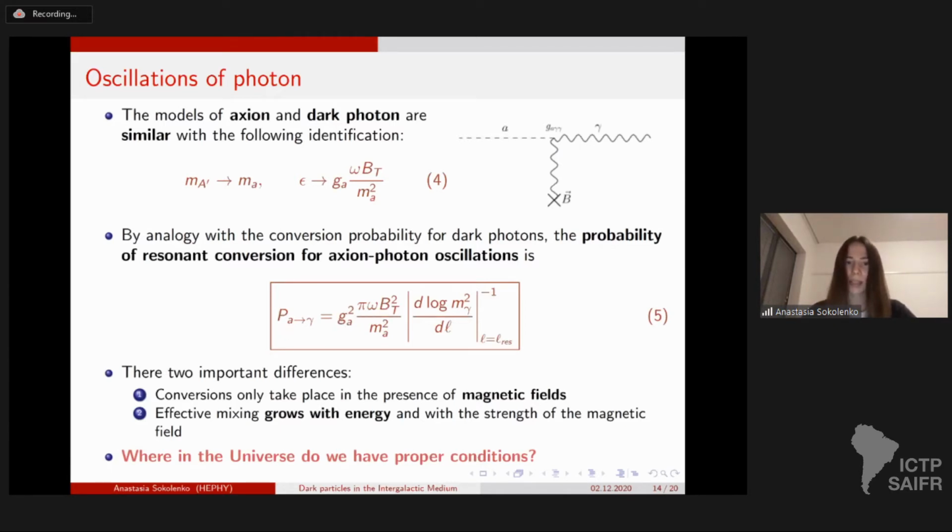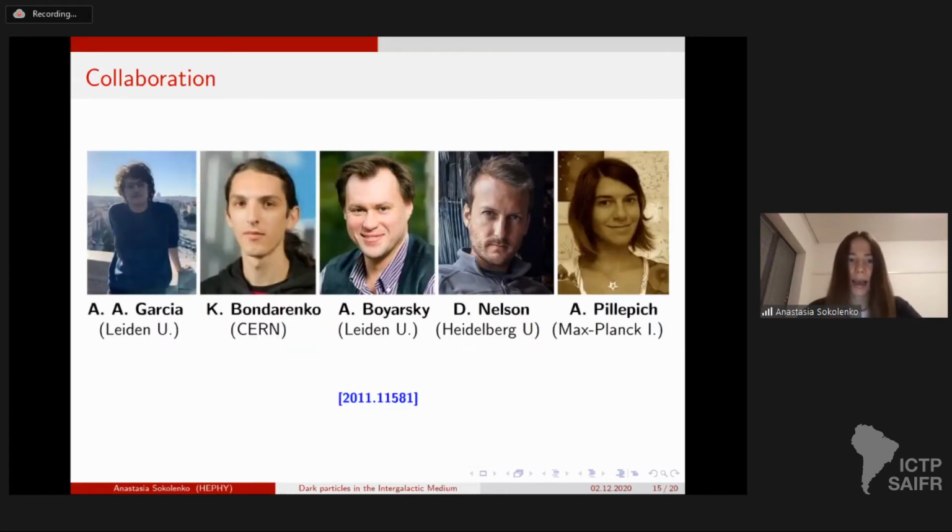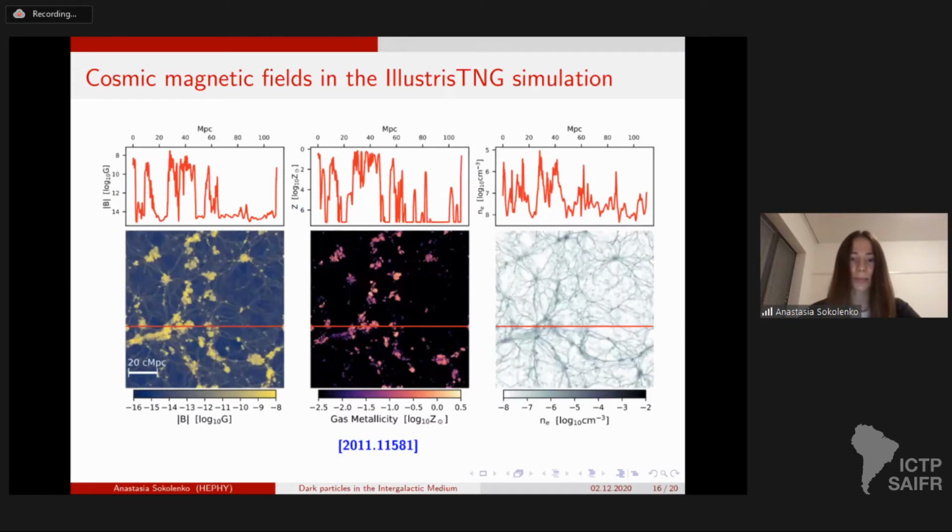You need to satisfy the condition where the effective mass of the photon is equal to the mass of the axion, and it can happen only in magnetic fields. This work was done with these people, and here is what we have.